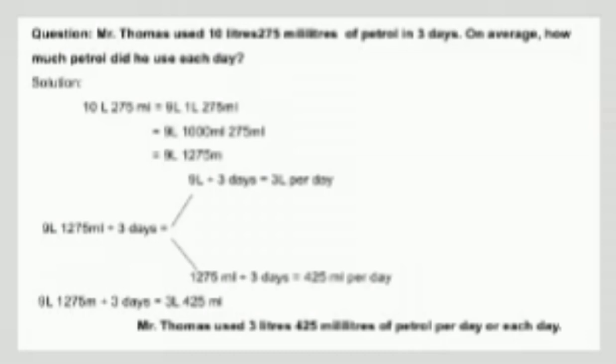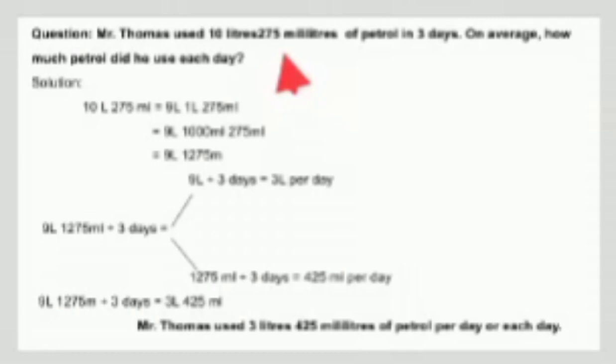So, 10 liters 275 milliliters is equal to 9 liters and 1 liter 275 milliliters. Why did I do this? Because I have been given a total amount and I have to divide it into 3 days, 3 groups. So as I have 3 as a divisor, I need to simplify this for my ease as multiples of 3.